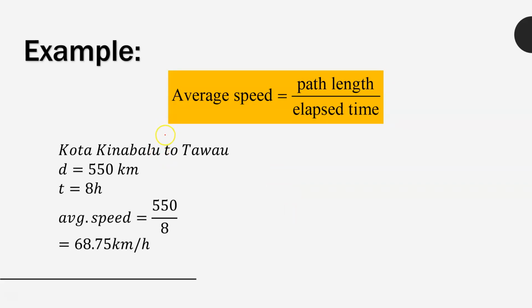The straight line distance from Kota Kinabalu to Tawau is about 550 kilometers. If someone drives a car that distance in 8 hours, the car's average speed is 550 divided by 8, which equals 68.75 km per hour.